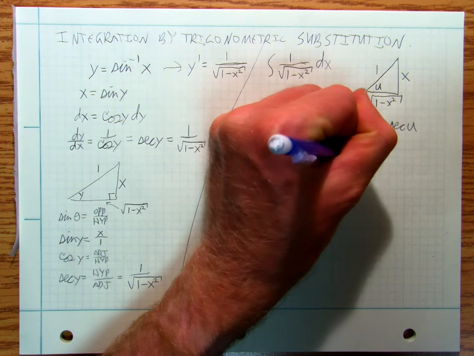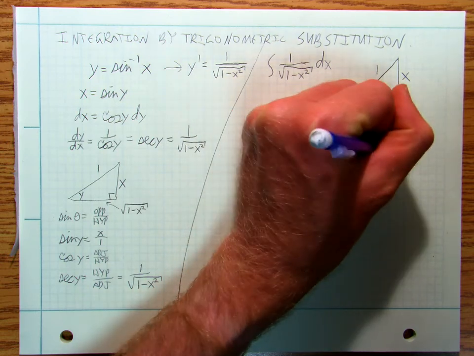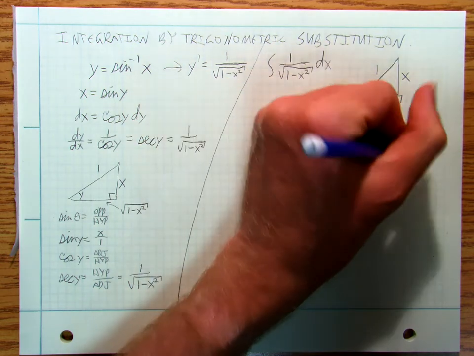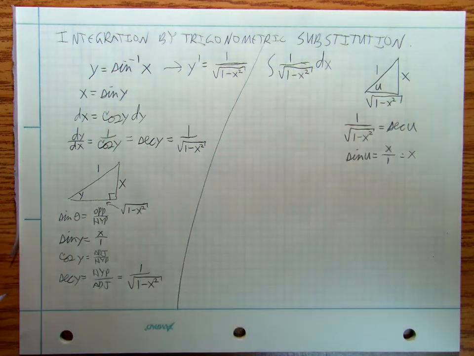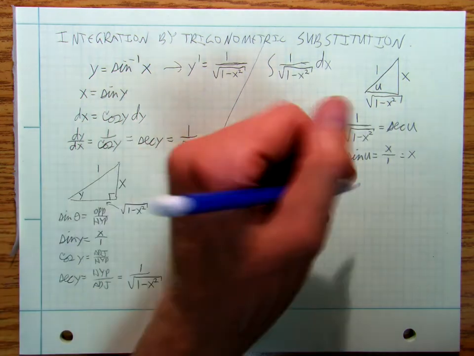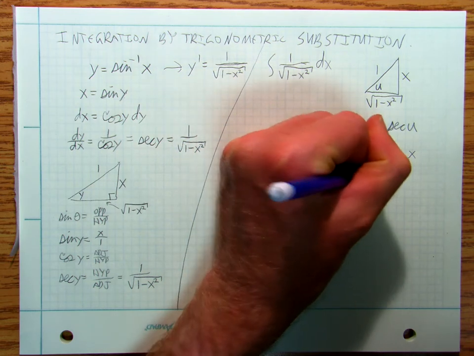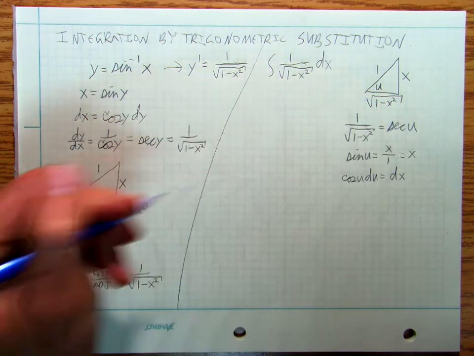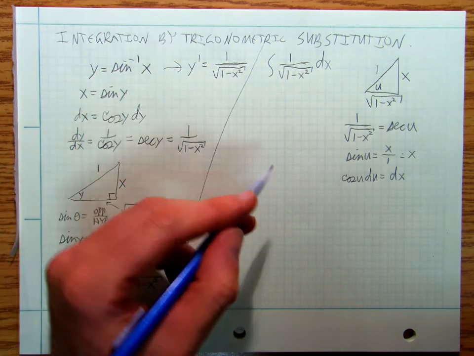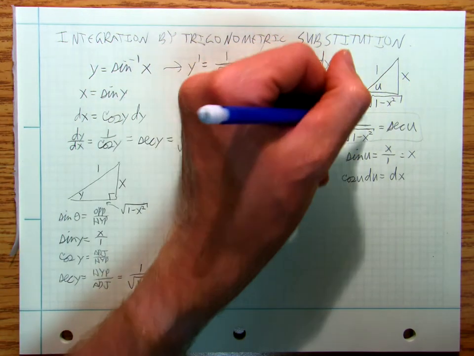Well, it's going to be that sine u is equal to x over 1, or just x. So now I can take the derivative of both sides of this, and I can say cosine u du is equal to dx. And so now I've got two substitutions here.